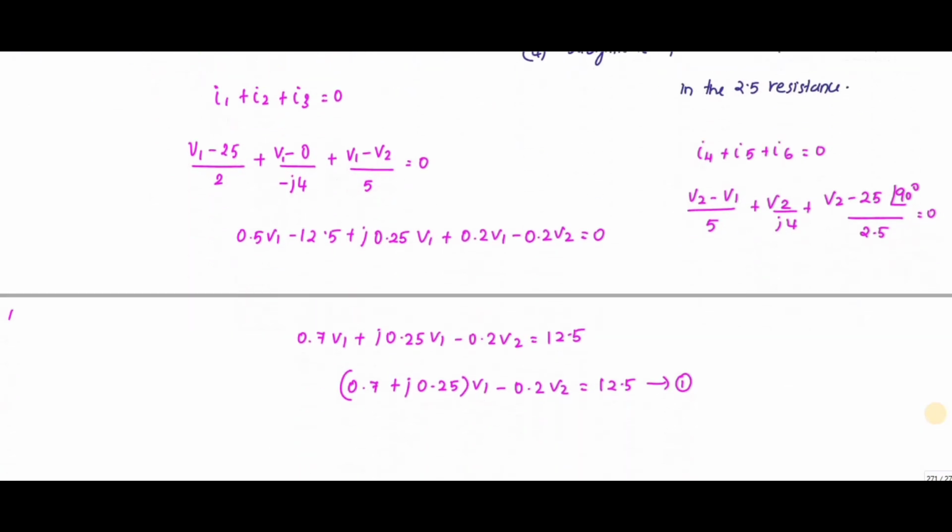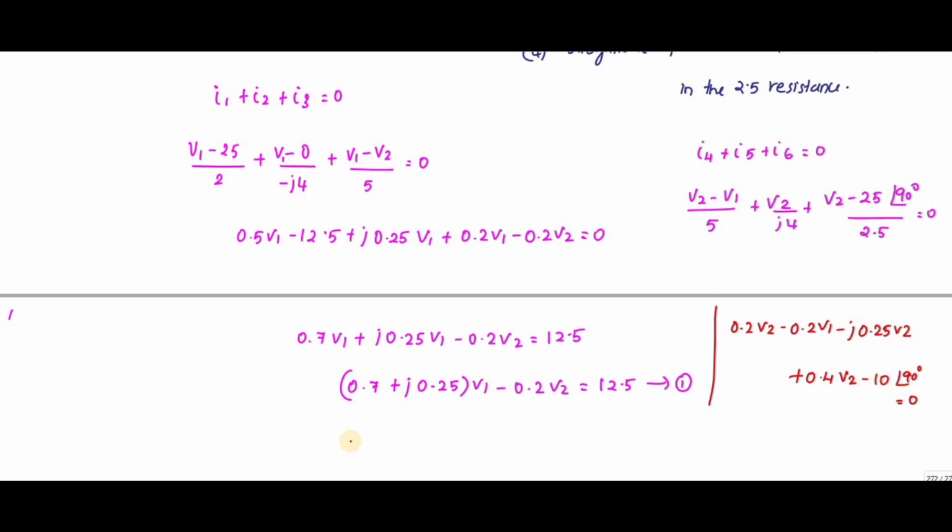If I solve, I will get 0.2 V2 minus 0.2 V1 minus j 0.25 V2 plus 1 divided by 2.5, which is 0.4 V2. So 0.2 plus 0.4 is 0.6 V2 minus 10 angle 90 degrees, that is equal to 0.